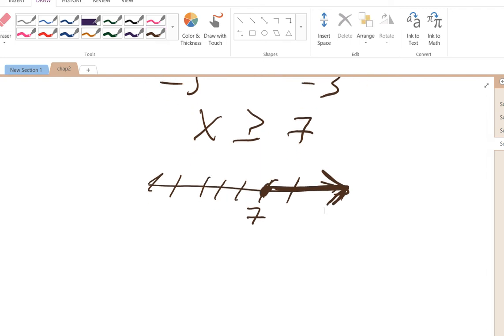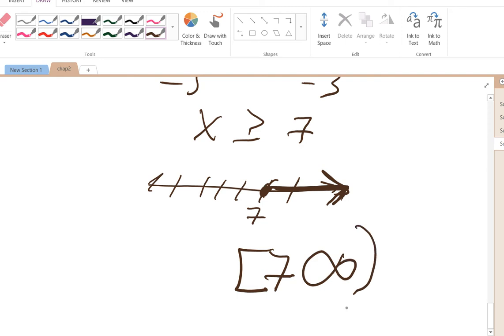Bracket or parenthesis, what are we going to have with the 7? Bracket. We have an equal to there, so we're going to have a bracket. 7, positive infinity. Got to have a parenthesis with the infinity. That is your interval notation.